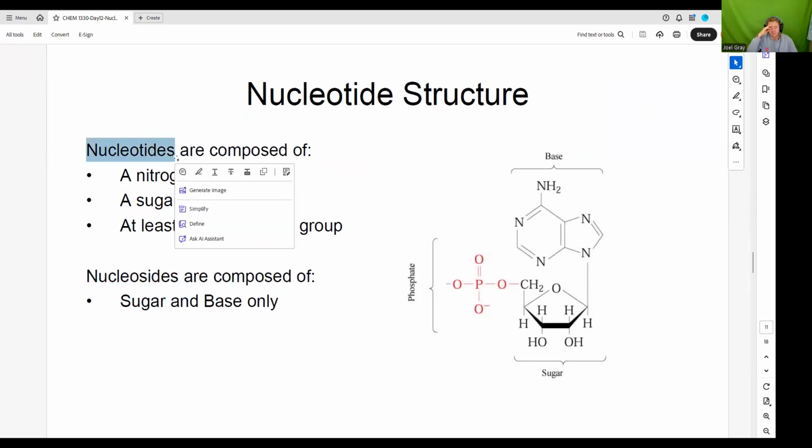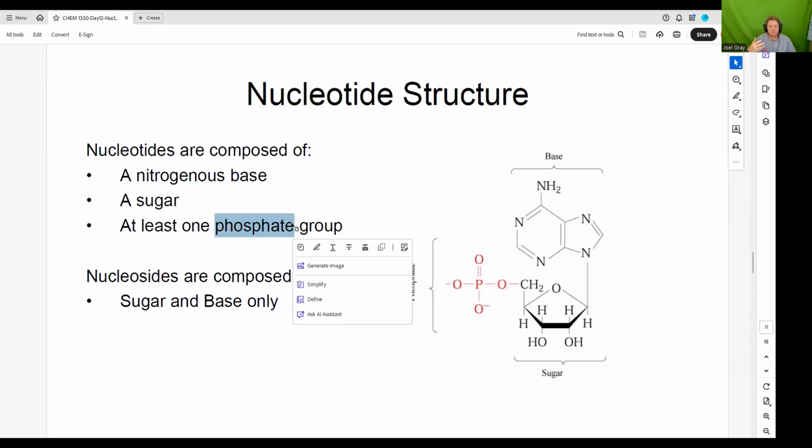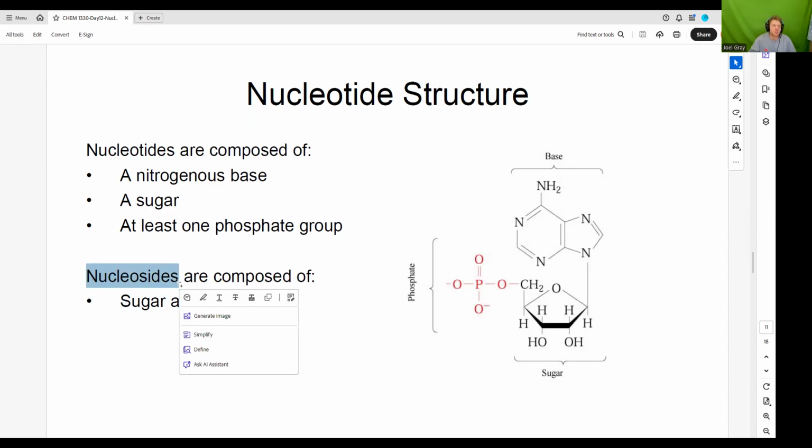The way that I've kept this straight over the years is that whenever I hear nucleotide, I emphasize that T in my head, because of the phosphate. So a nucleotide has a phosphate. I know that's kind of dramatic, but it's helpful for me. That's compared to a nucleoside, which does not have a phosphate.